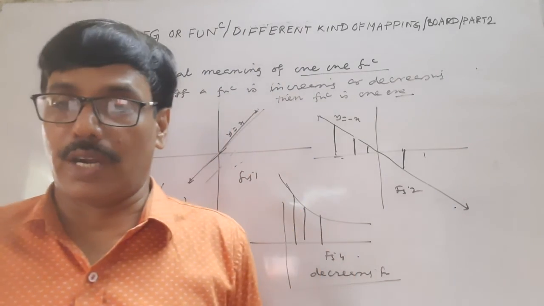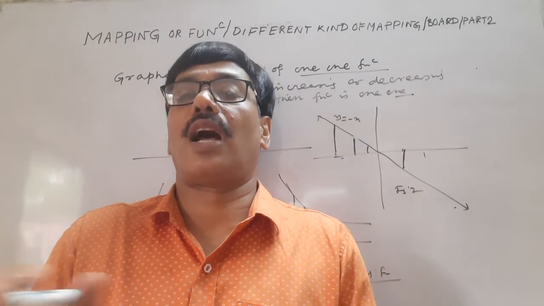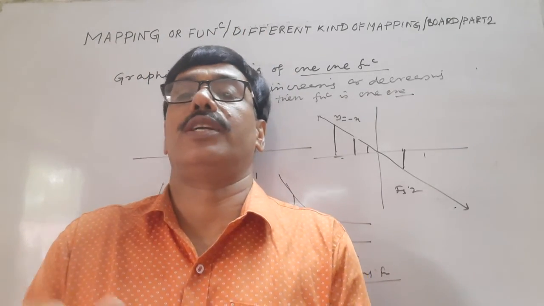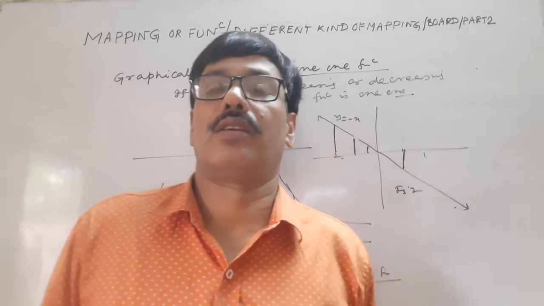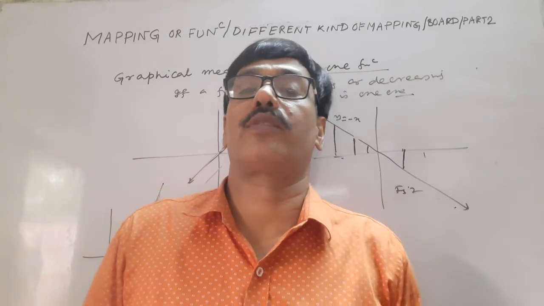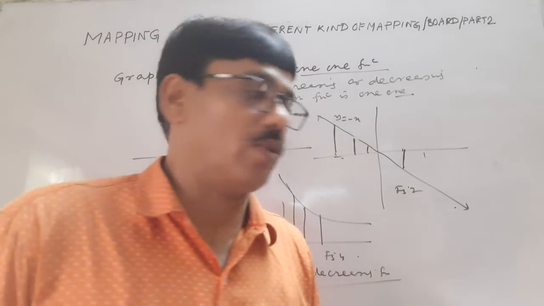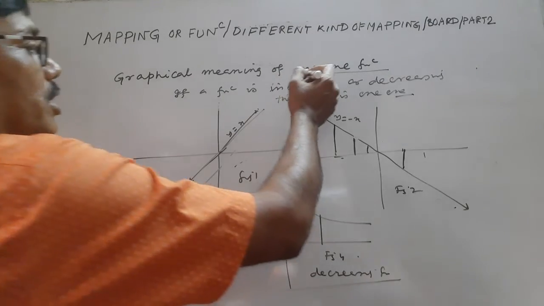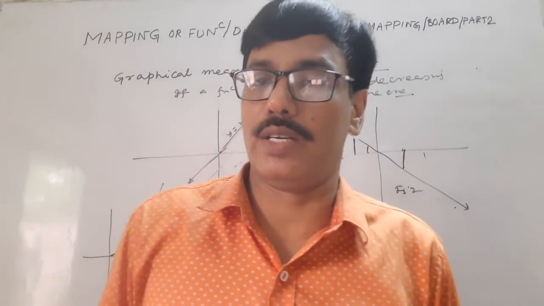Otherwise, it is not a function. If a vertical line cuts a graph at more than 1 point, it is not a function. Then if a horizontal line cuts a graph at 2 points, then it is many one. And last, if it is increasing or decreasing, then it is a 1, 1 mapping.